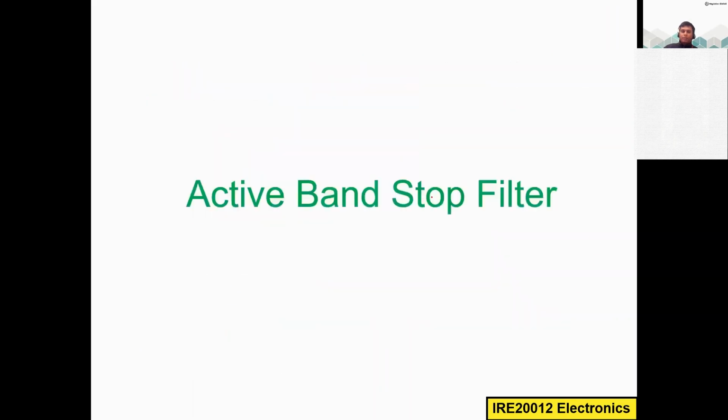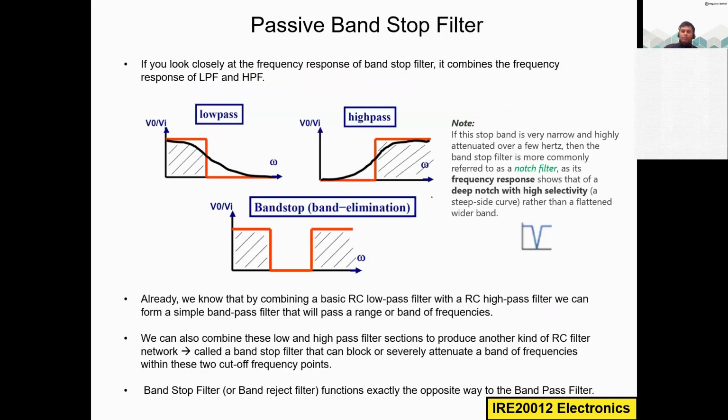So filter responses are very straightforward. It's very simple and easy to remember. Low pass filter is passing only low frequencies and blocking the rest. High pass filter is passing only high frequencies and stopping the rest. Band stop is passing low and high and stopping the mid range of frequencies.